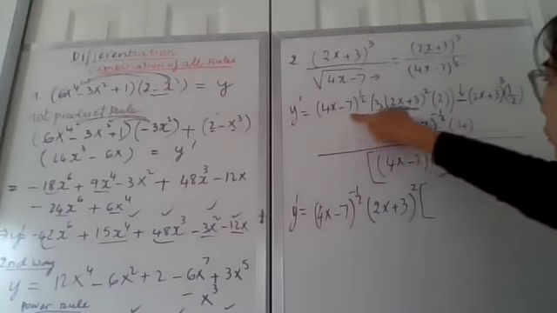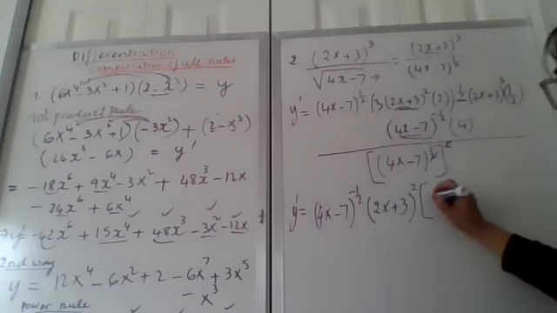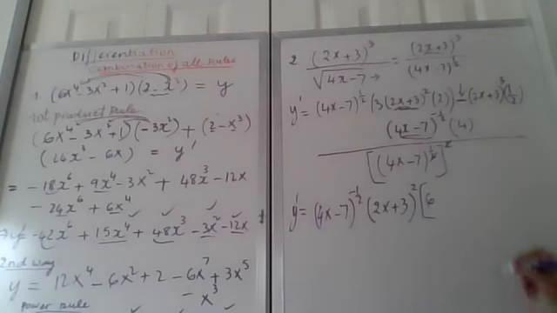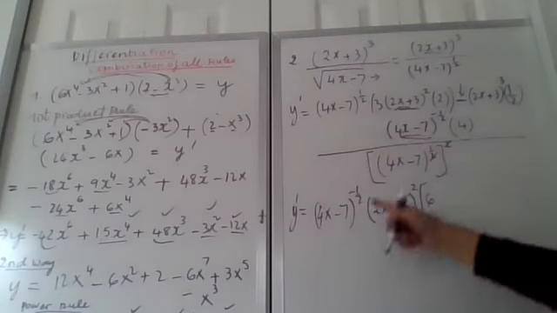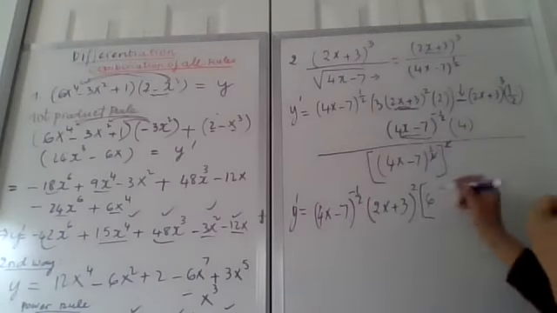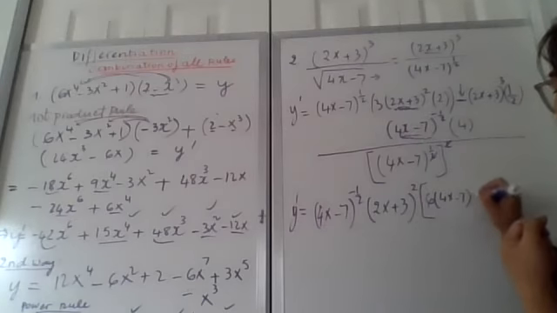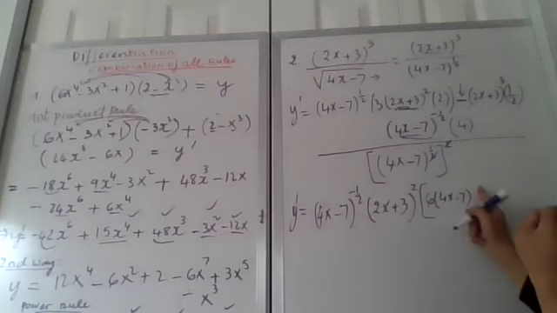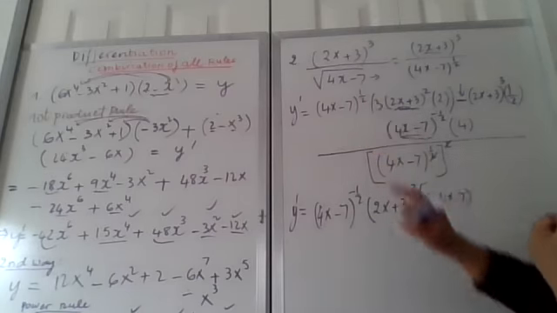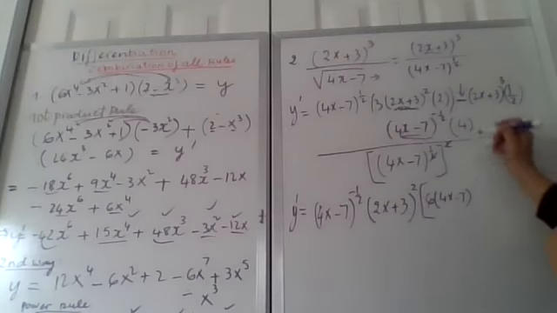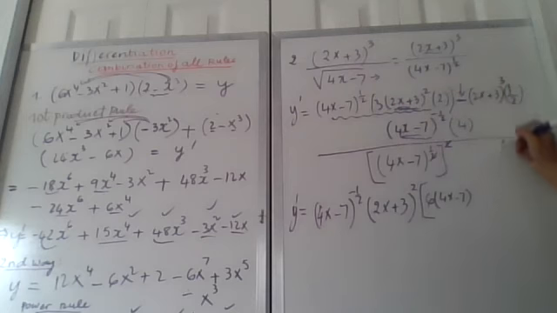For the left part, 3 times 2 is 6. So I'm going to put 6. And we have 4x minus 7 to the power 1/2. But here we have minus 1/2. So we have to times another 4x minus 7 to the power 1. So that when we multiply them, we add the power, it becomes positive 1/2 like that, right? So we're done with the left side of the expression.